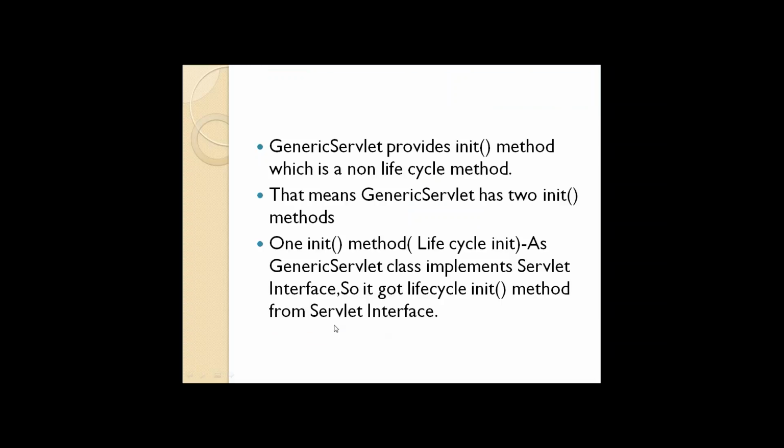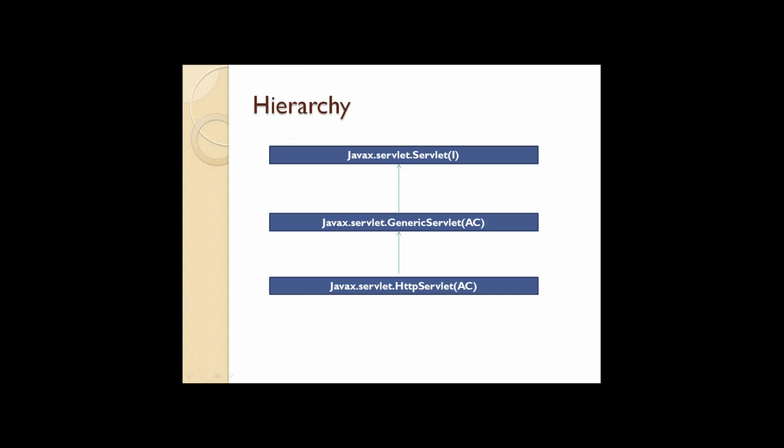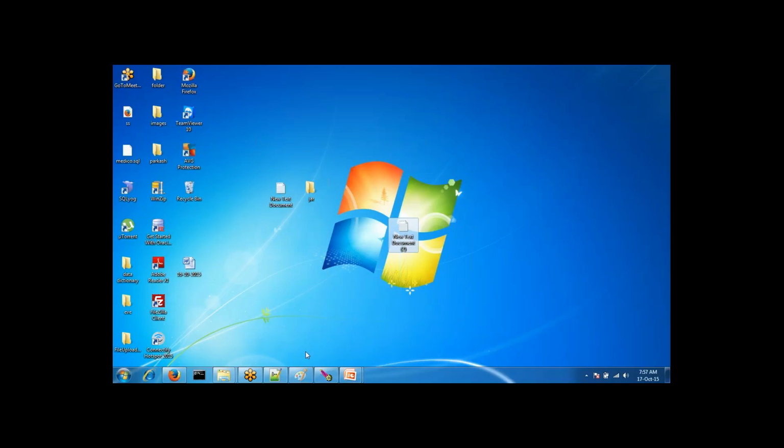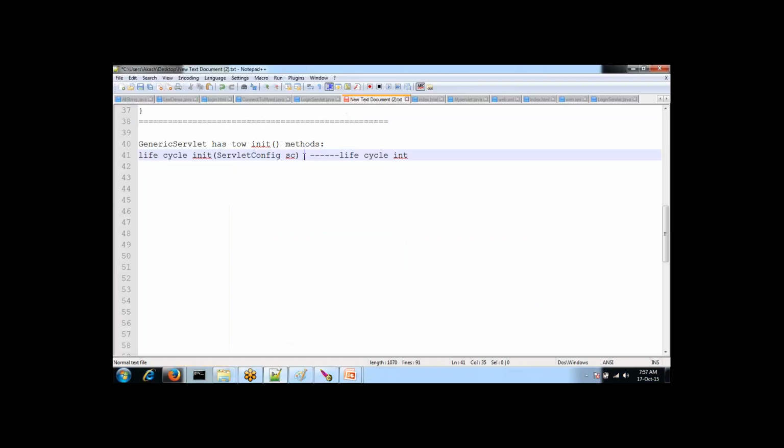Why we are talking about the servlet interface is, generic servlet is implementing what? Servlet interface. The servlet interface has init, service, destroy, get servlet info, get servlet config. From that, the lifecycle init is given to this generic servlet. So the one lifecycle method which I have written right now is coming from the servlet interface.